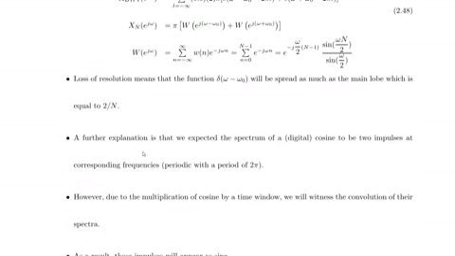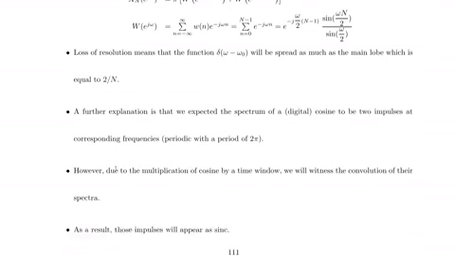A further explanation is that we expected the spectrum of a digital cosine to be 2 impulses because theory demands it. But in practical environment, we will have another signal. Okay, again, cosine to be 2 impulses at corresponding frequencies, periodic with a period of 2 pi.